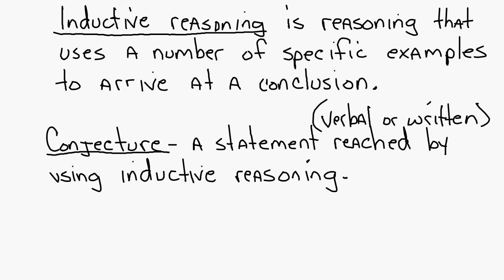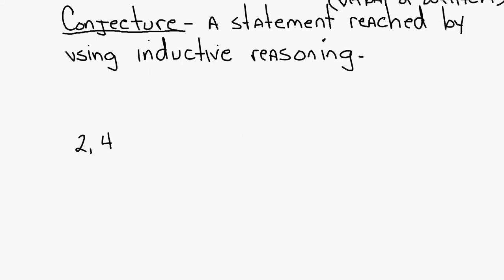If I give you the numbers 2, 4, 6, 8, blank, blank, blank, and I ask you to use inductive reasoning to make a conjecture about the next 3 terms, you're going to look at the first 4 terms and you're going to see a specific pattern, and your conjecture is the statement, verbal or written, that you reached by looking at those first 4 terms.